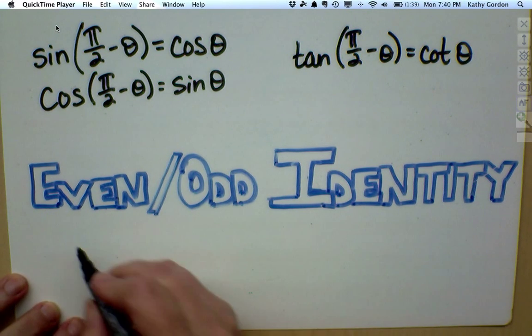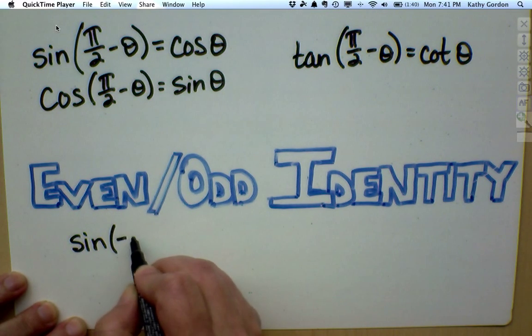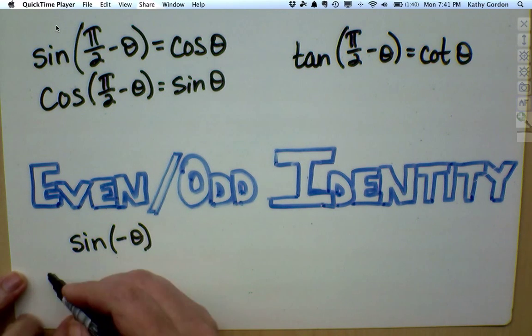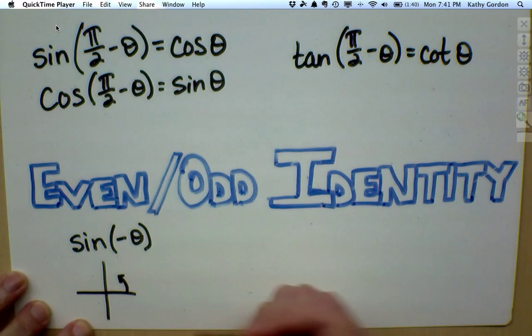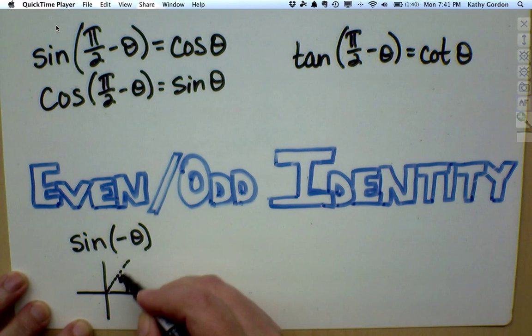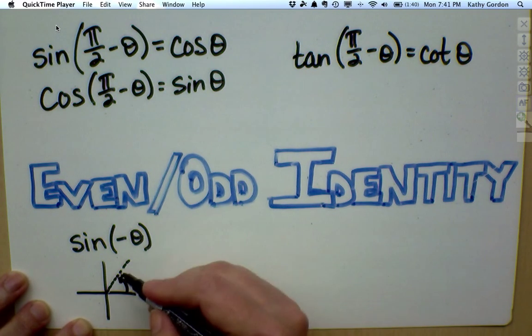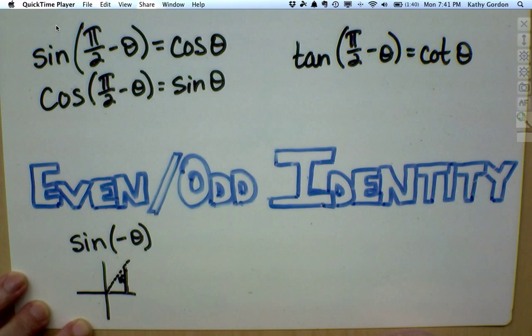So when you take the sine of a negative angle, well, if you think about that, we know positive angles are supposed to rotate counterclockwise. So if I have something with this much of an angle, I'm talking about right there. And we know the sine is going to be our vertical distance here.